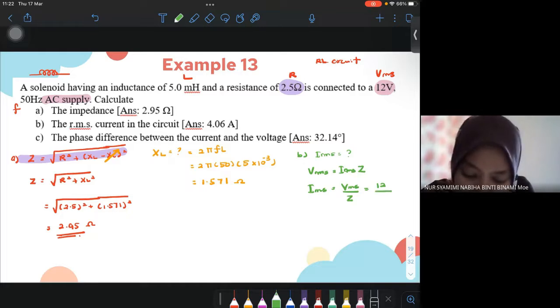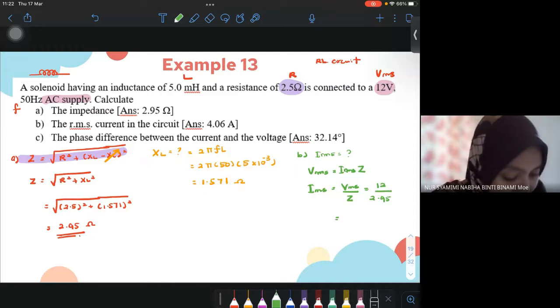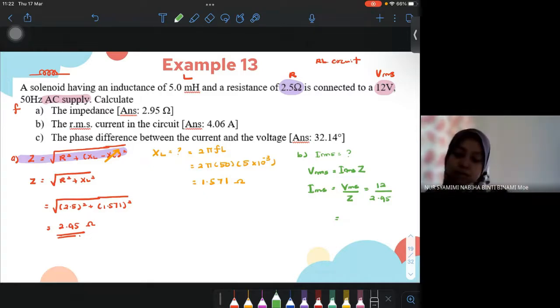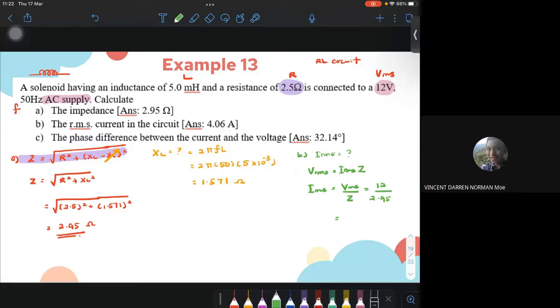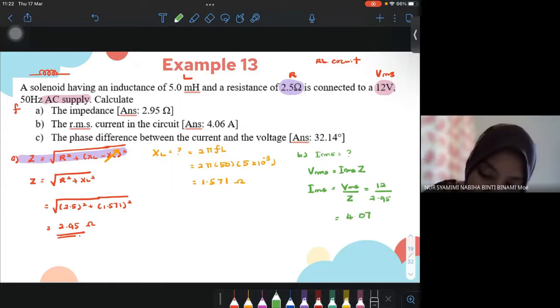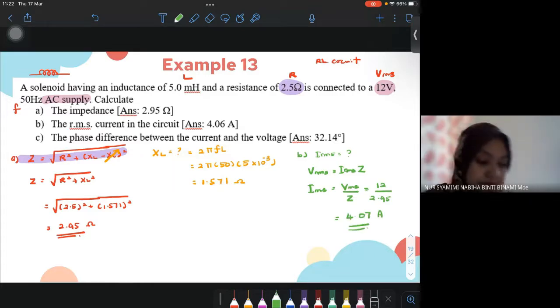Over Z, which is Z kita ialah 2.95. Kalau saya kira berapakah IRMS? 4.07 ampere. Okay. Very good. 4.07 ampere.